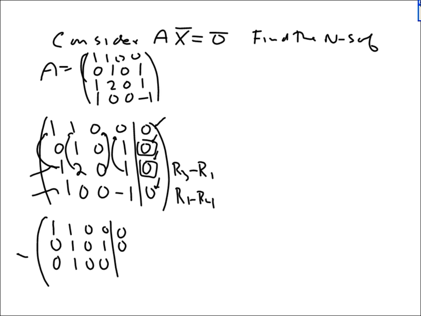And then row 1 minus row 4. 1 minus 1. 1 minus 0. 0 minus 0. 0 minus negative 1 is 1. So we get that matrix. Make sure I didn't make a silly mistake. Okay.